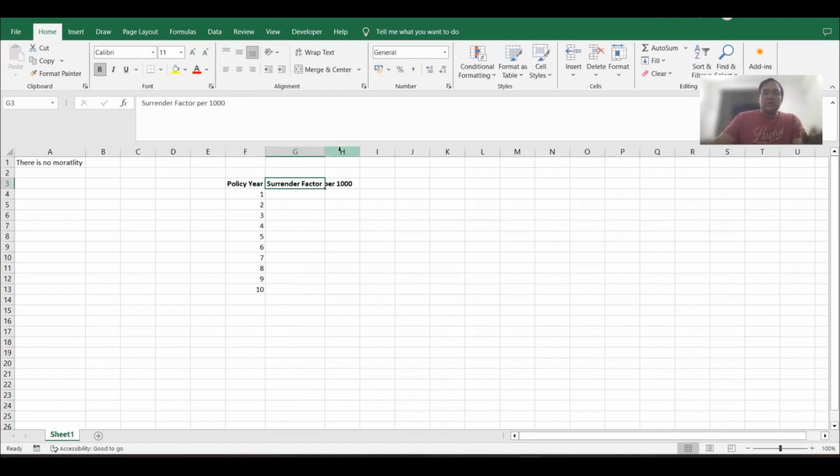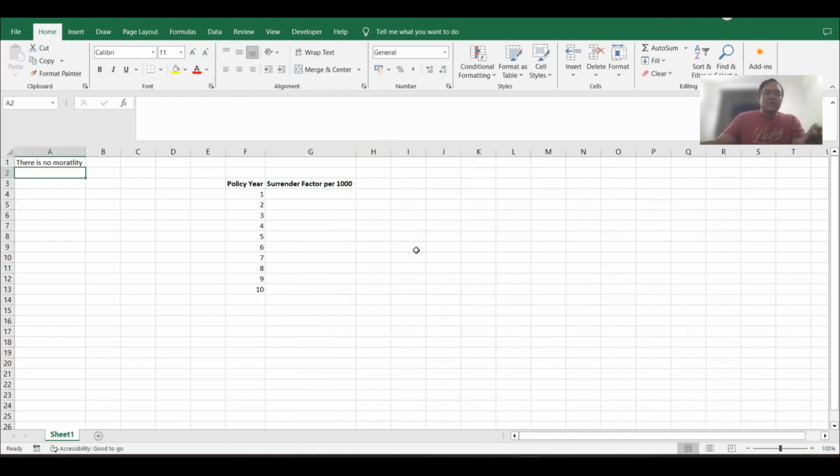Let us also assume, this is our assumption section, there is no surrender in the first 3 years. So you are not allowed to make any surrender. The company does this to recoup their initial expense.